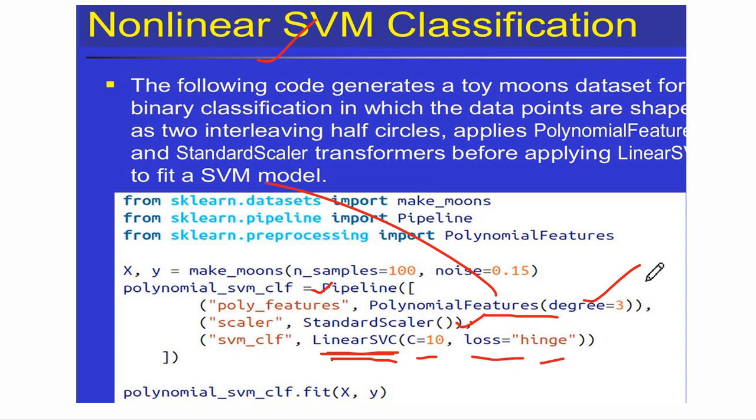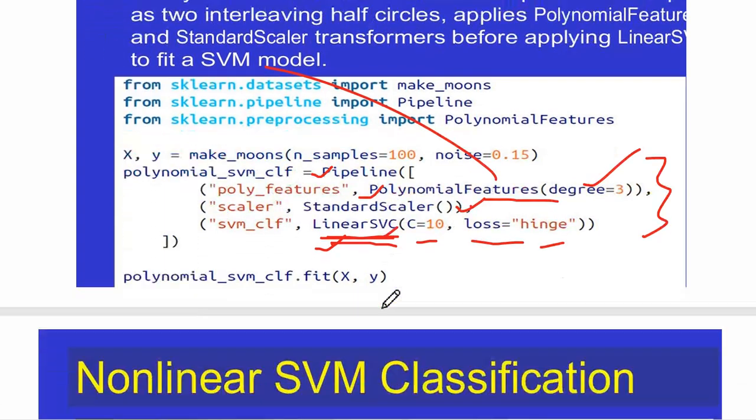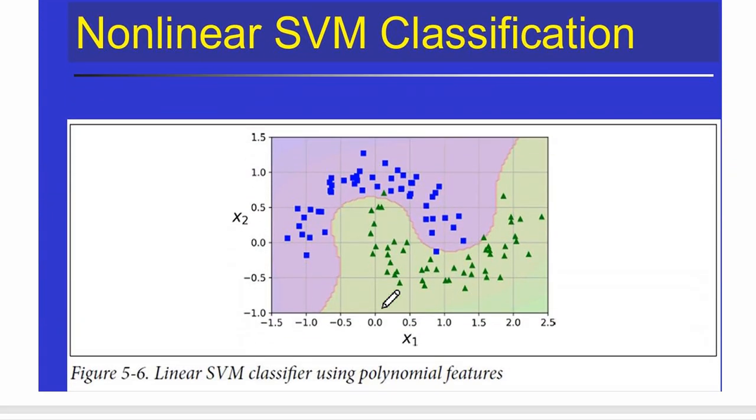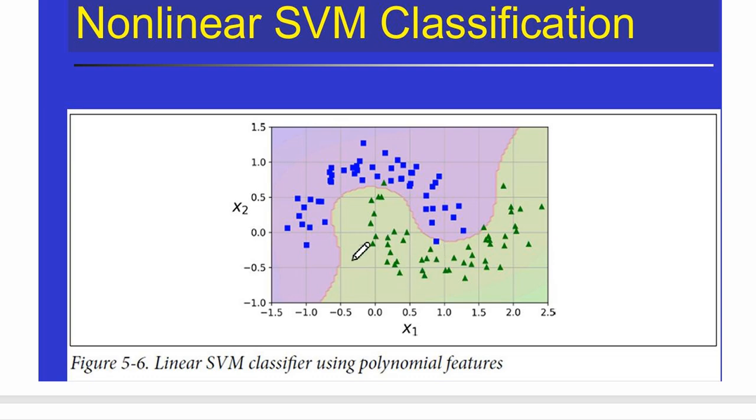By this code we are implementing the non-linear SVM classification using the function LinearSVC. We are not directly using a non-linear SVM classifier. Here I am using the LinearSVC function, but to this we add one kernel trick, called the polynomial kernel, with the function PolynomialFeatures. So this is another example of non-linear SVM classification.